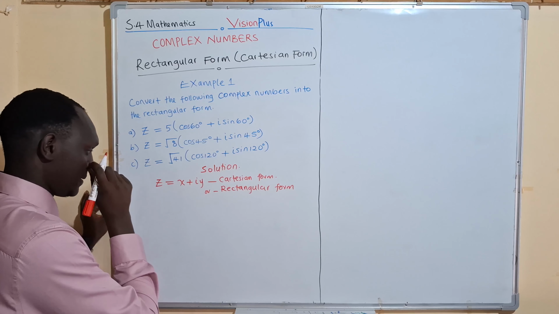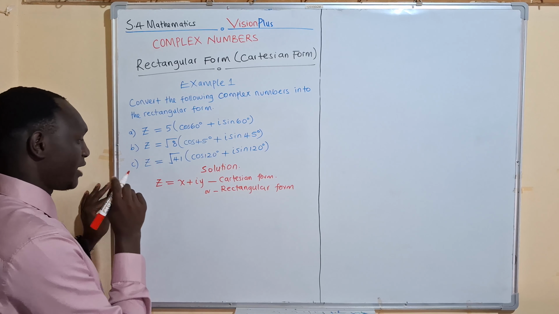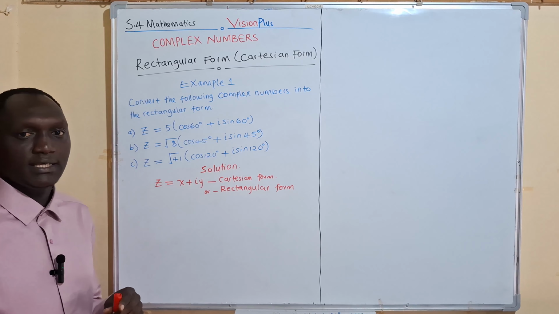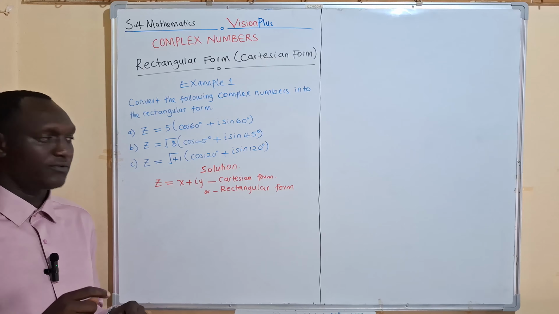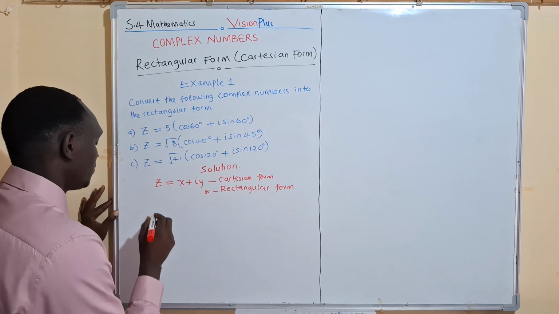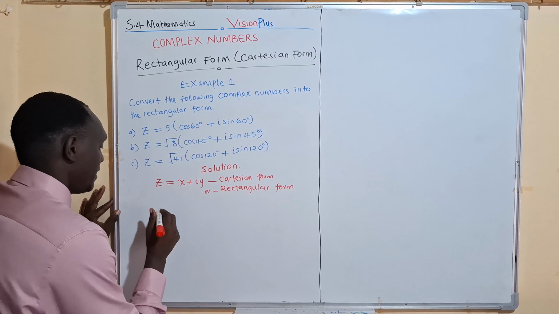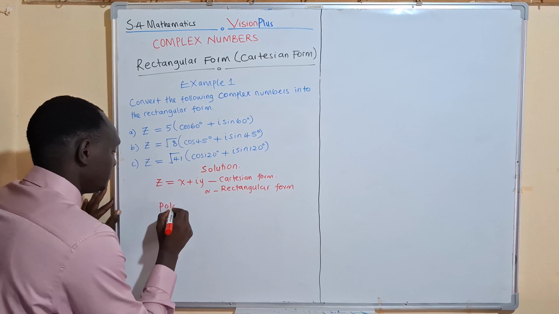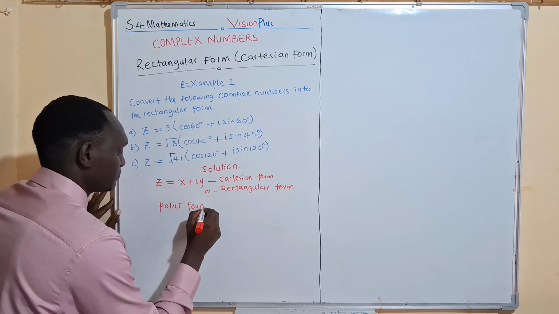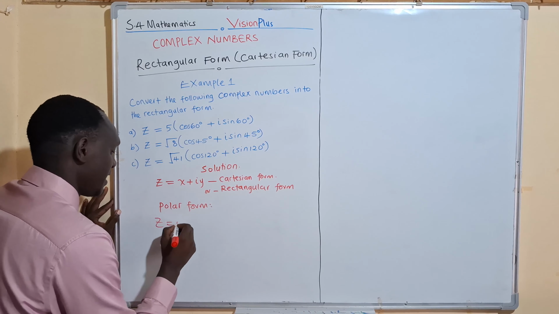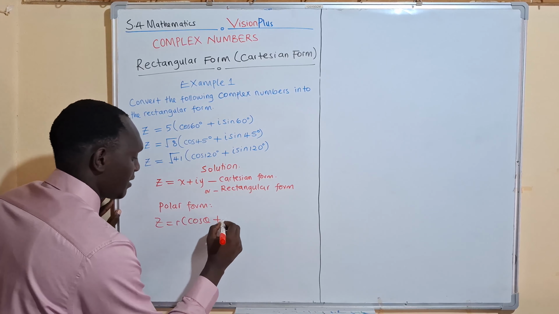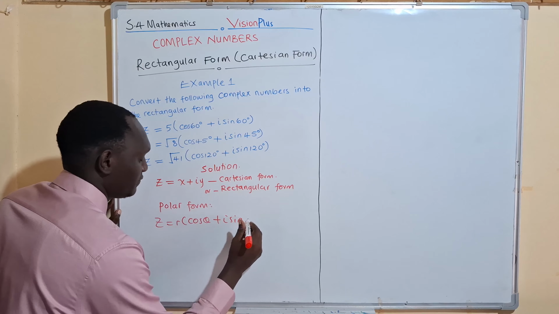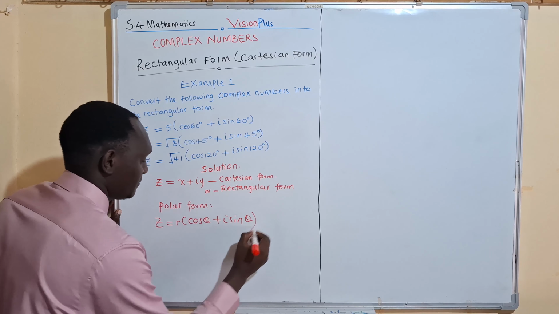Now, at some point when I was deriving the formula for the polar form, z is given by r into cosine of the argument theta plus i sine of the argument theta.